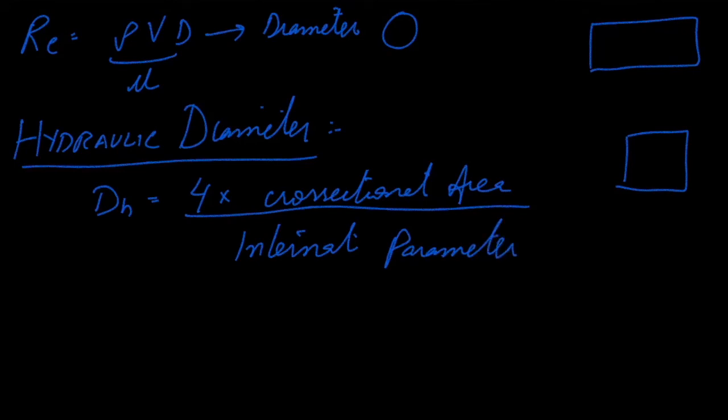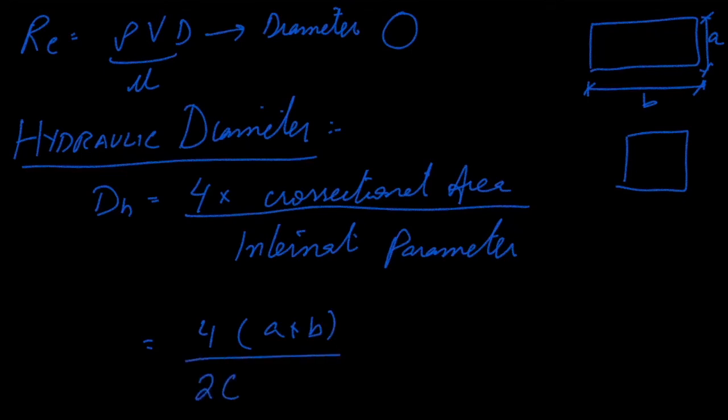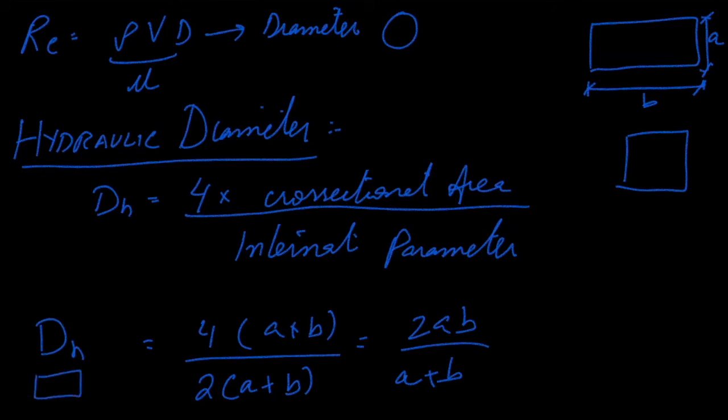Let's say this rectangle has height A and width B. Then the hydraulic diameter is 4 times the area, A times B, divided by the perimeter, which is 2 times A plus B. This comes out to be 2AB divided by A plus B. This is the hydraulic diameter for a rectangle.